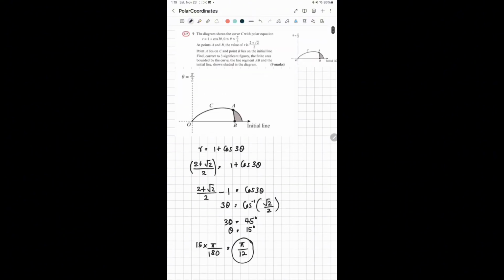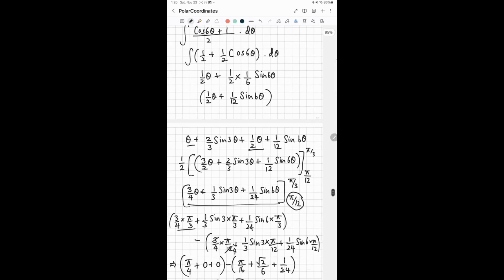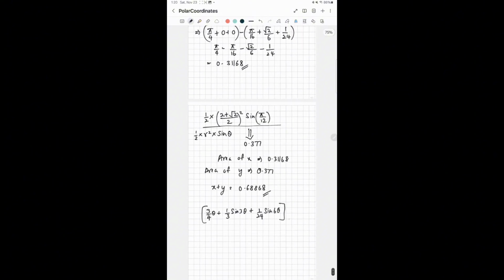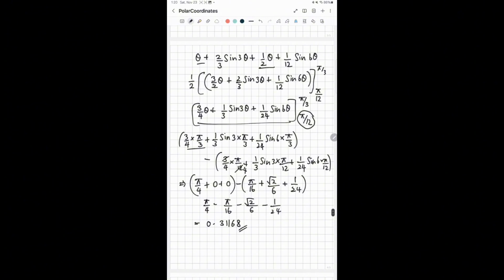So the intervals for the whole curve are going to be from the initial line to the angle we found earlier. The angle for the initial line is 0. And the previous angle we found here was pi/3, right? When r equals 0. So it's 0 to pi/3. When I substituted pi/3, I got pi/4, right?